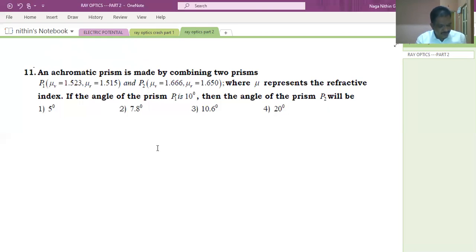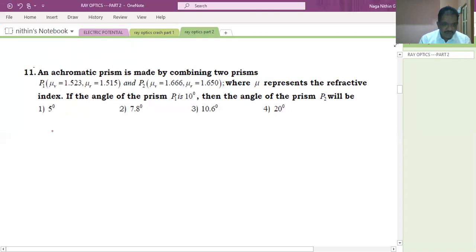First, average refractive index of prism P1 we will calculate. For P1, mu1 is equal to 1.523 plus 1.515 by 2. So this value will be 1.519.